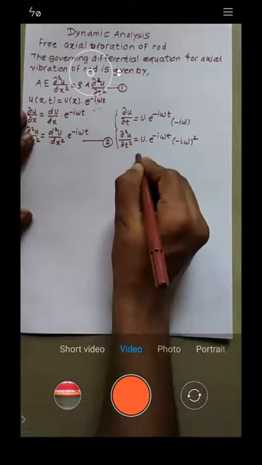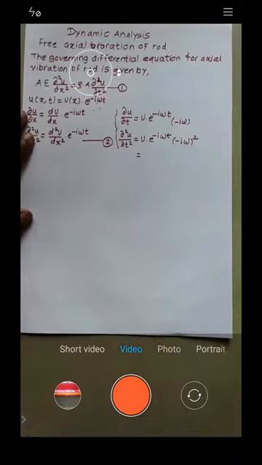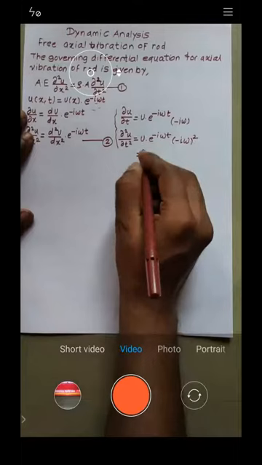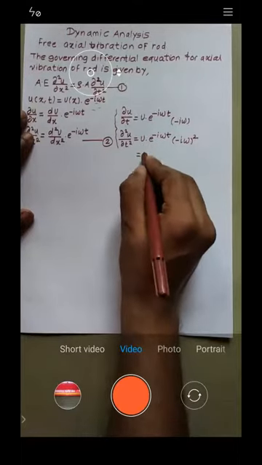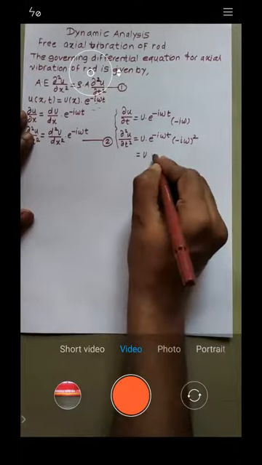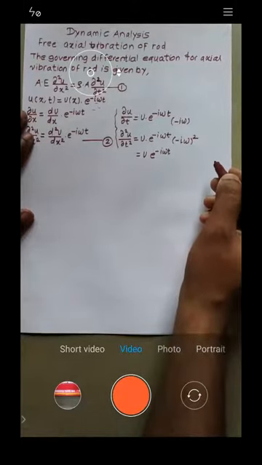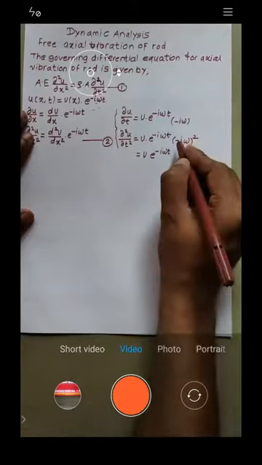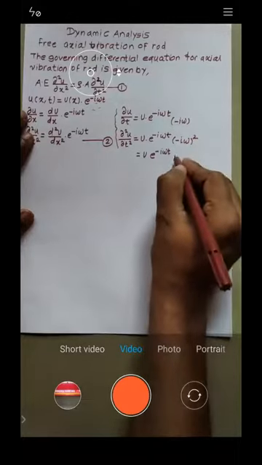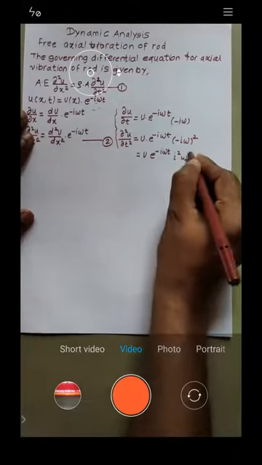So what will you get here? You will get u e raised to power minus iωt, minus i squared ω squared.